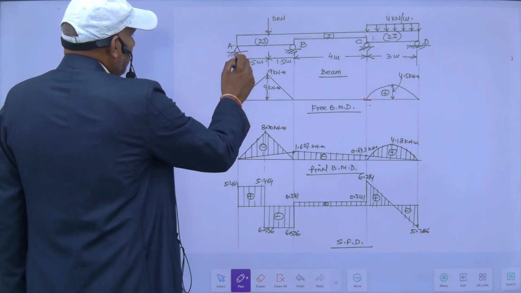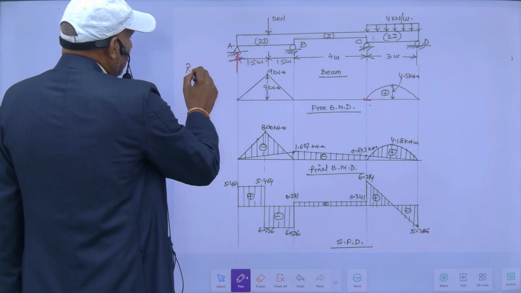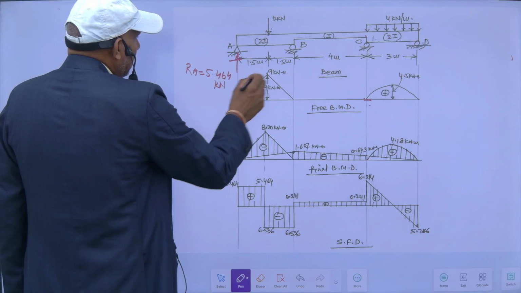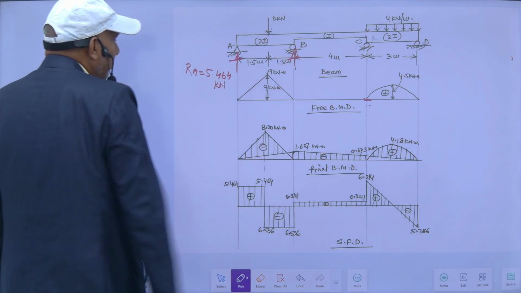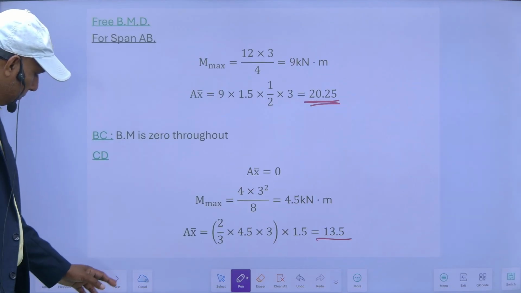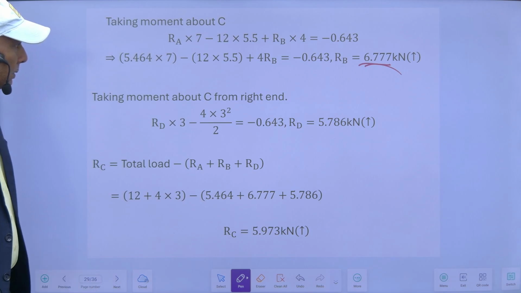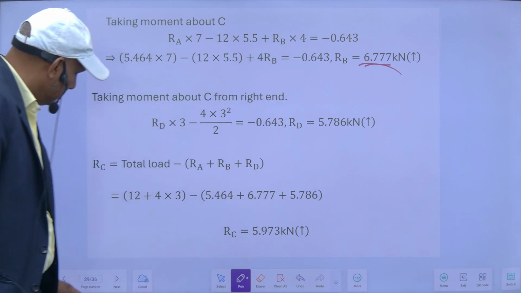RA is equal to 5.464 kilonewton, and this RB is equal to 6.77 kilonewton.